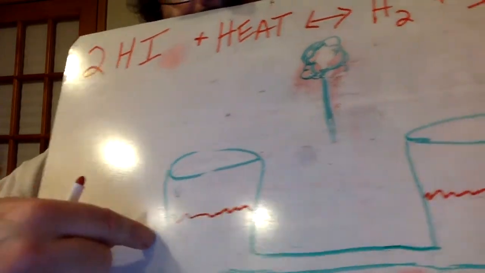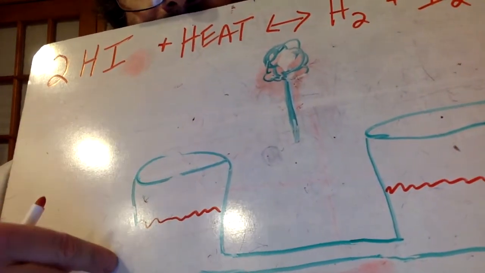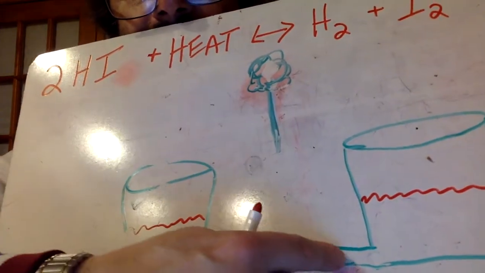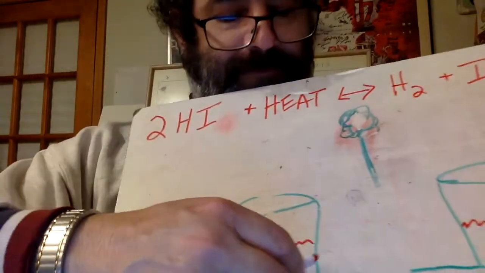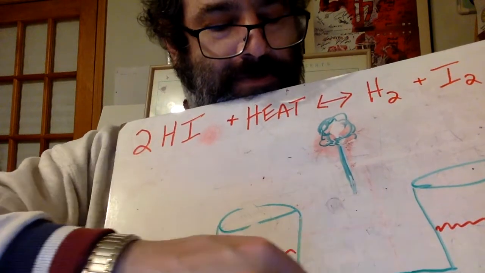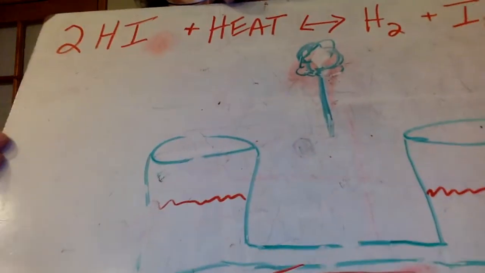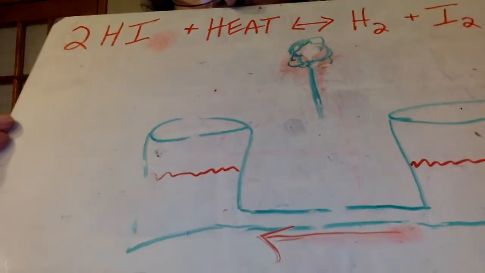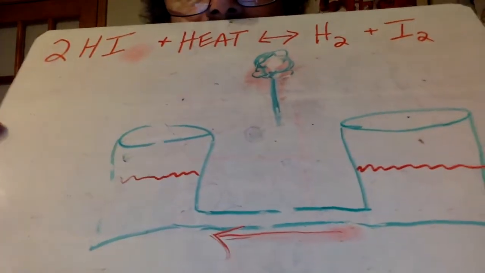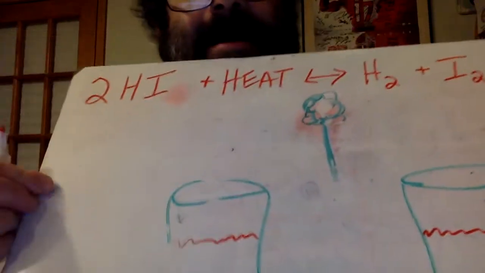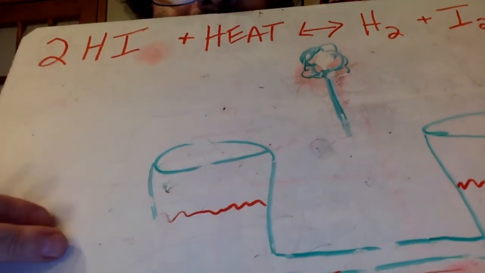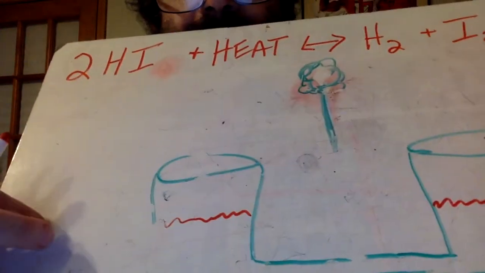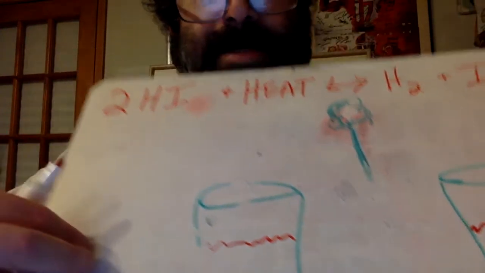What's going to happen is that once this water level goes down, this side is going to want to shift to fill that hole. So it's going to want to shift that way to fill that hole. Got it? So if there's less on this side, it's going to shift to fill the side where it's leaking.